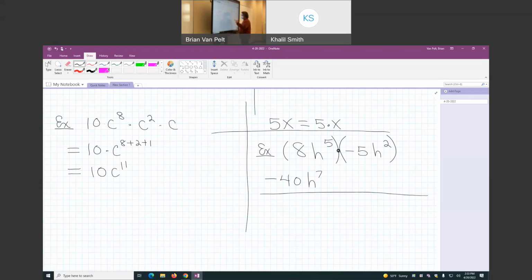So what I can do is rewrite this problem as 8 times negative 5 times h to the 5th times h squared. I don't care that you know that so much, because what I used was the combination of our commutative properties and the associative properties. But what's important is I put the numbers together and I get negative 40.